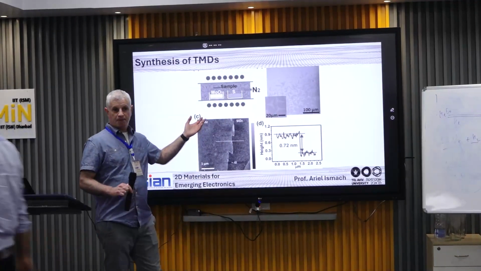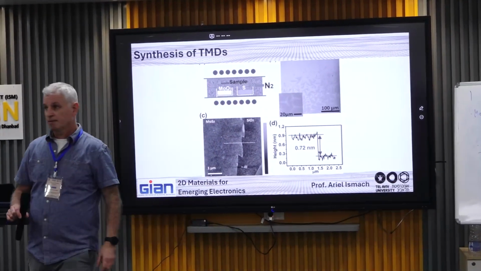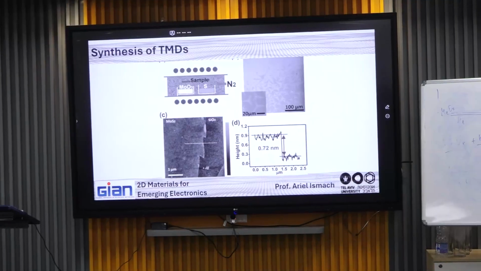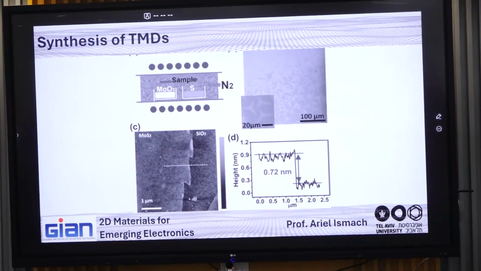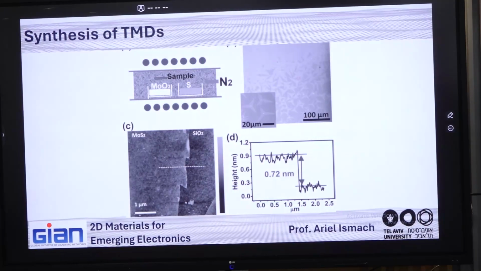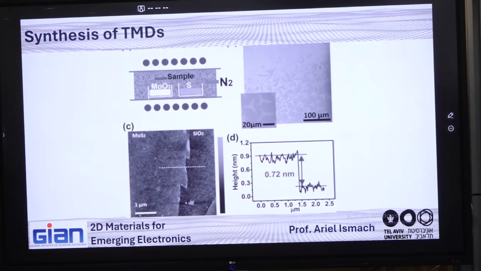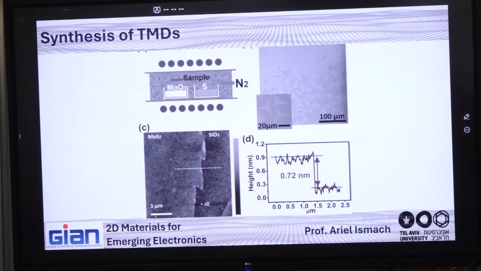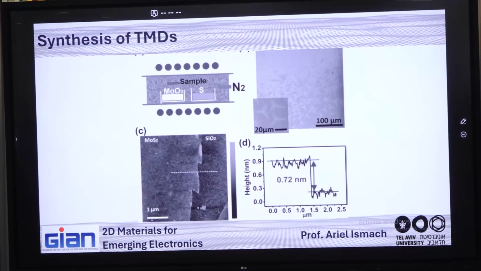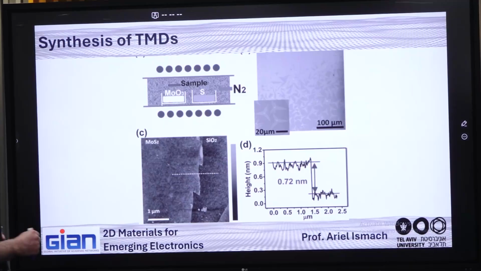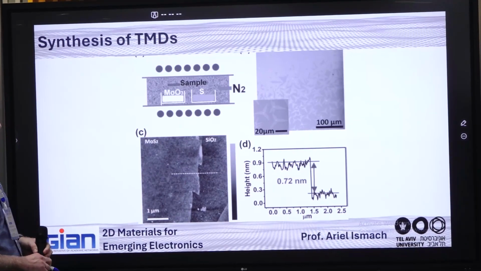The first paper, published more than 10 years ago, used powder precursors, metal oxide precursors, that are not suitable in principle for CVD because they have very low vapor pressures. And therefore it's hard to study the growth of these materials.